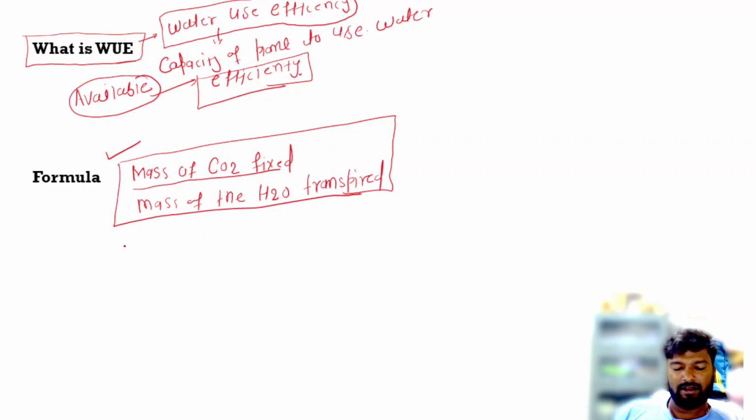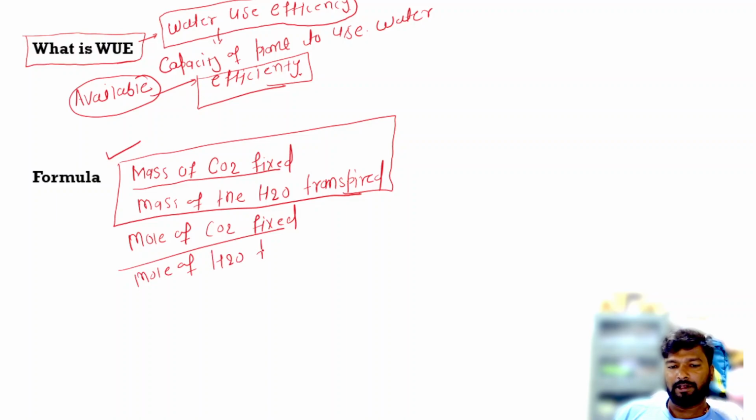Also we can define it on the mole basis. So mole of CO2 fixed upon the mole of H2O transpired. Okay, so we can define the water use efficiency on the mole basis.